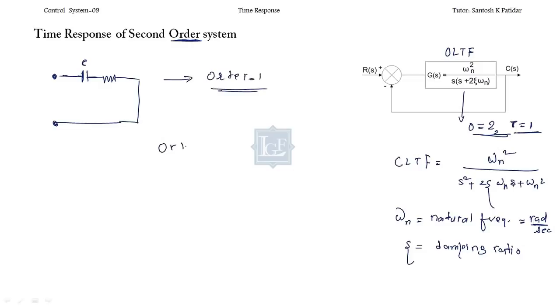So order is nothing but the number of energy storing elements, correct? If you have R, L and C in the circuit, so the order of this circuit will be 2. O for order, okay, order will be 2, correct friends?